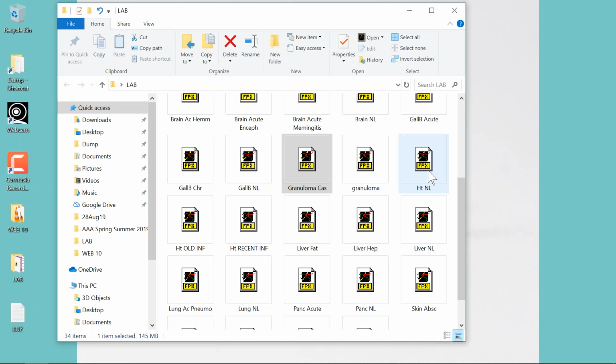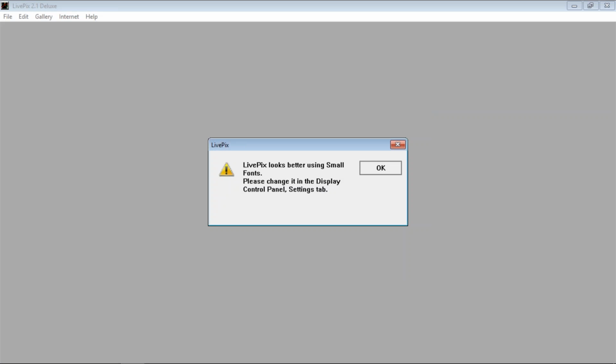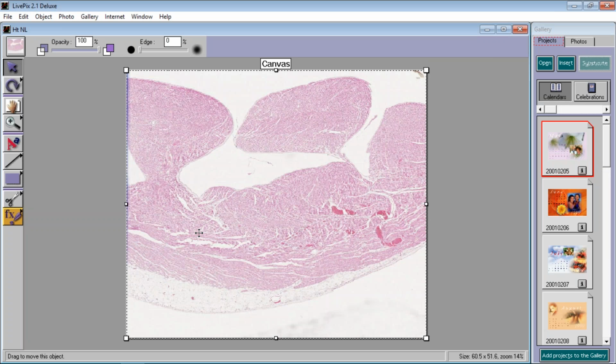And I'm going to show you the world's most normal cardiac muscle histology. In fact, this happens to be from a heart. And you can see a pericardial surface, and you can see some trabecular muscles here.